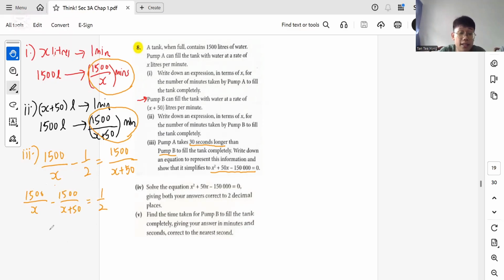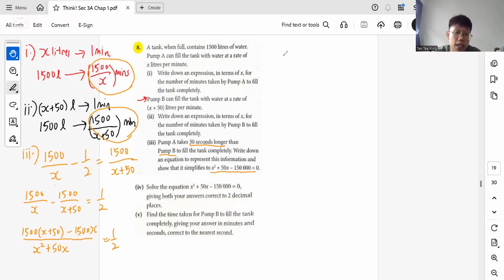Like that. Then make the denominator the same, so times x plus 50, then times x, over x squared plus 50x, equals to half.